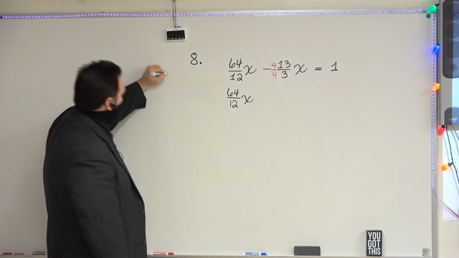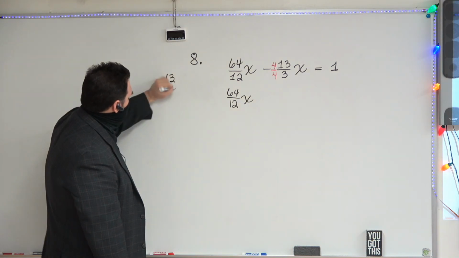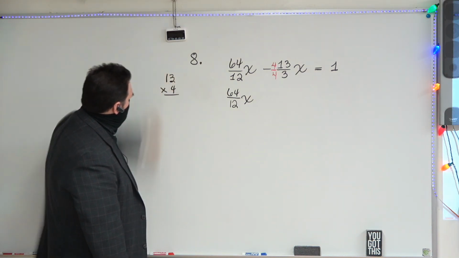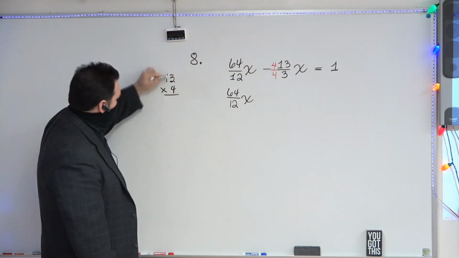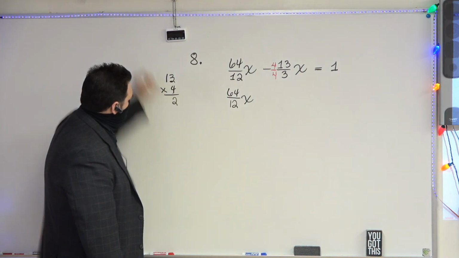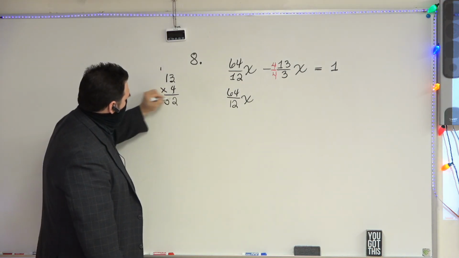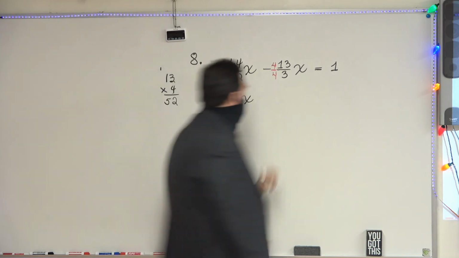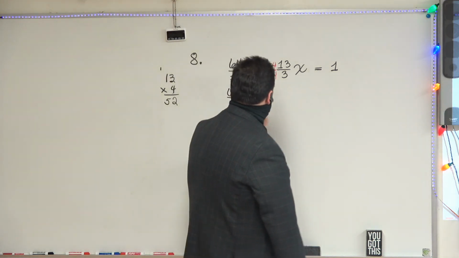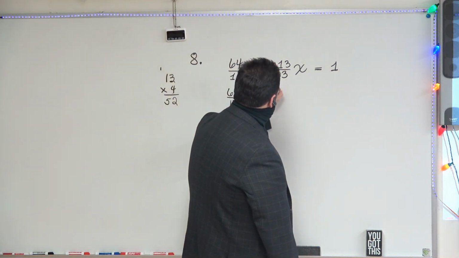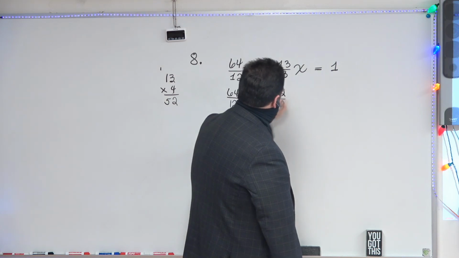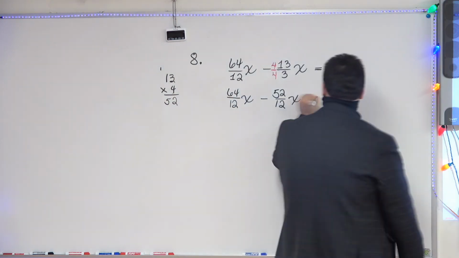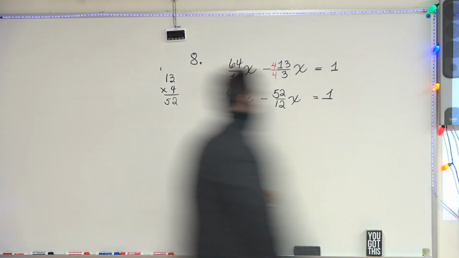Uh-oh, a little bit of math. We don't know our 13s because that's not lucky. 3 times 4 is 12, so 52. So 64 over 12x minus 52 over 12x equals 1.